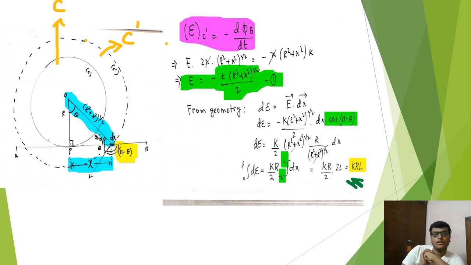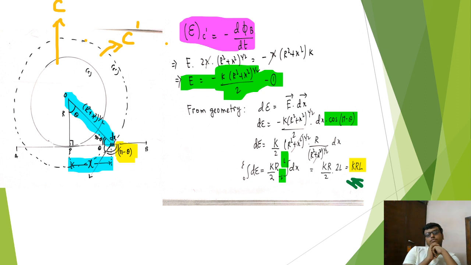Okay. Now to do that, we can use Faraday's law. What is Faraday's law? E over C dash is equal to minus d phi B dt. The rate of change of flux is equal to the EMF induced, and the minus sign comes because of Lenz's rule.